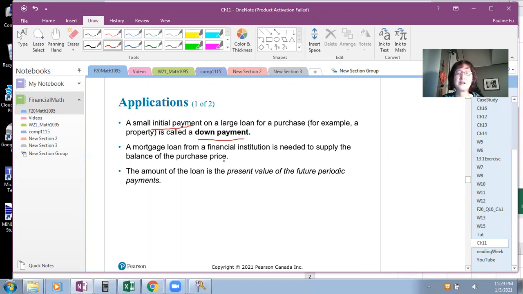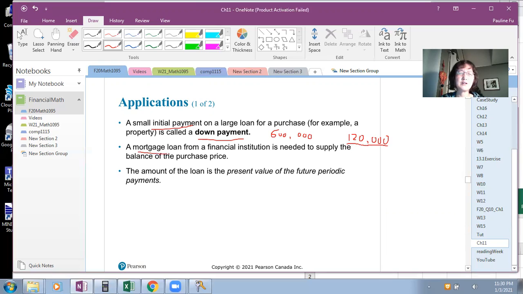For example, you are interested in buying a house valued at 600,000, and you are going to put down 120,000 as down payment. So this is the down payment, the initial payment out of your pocket.